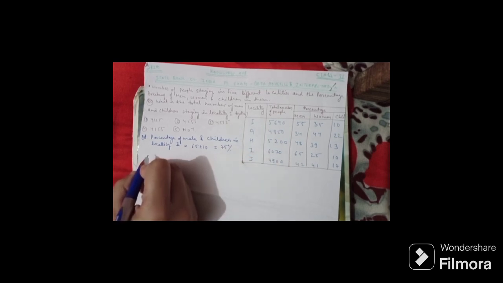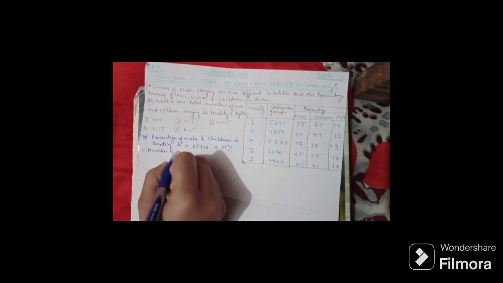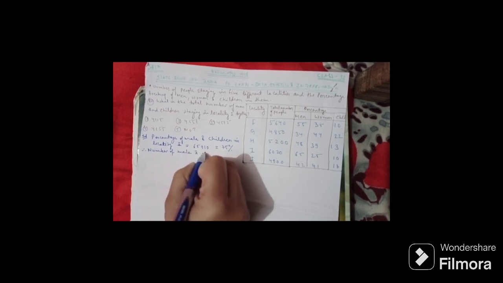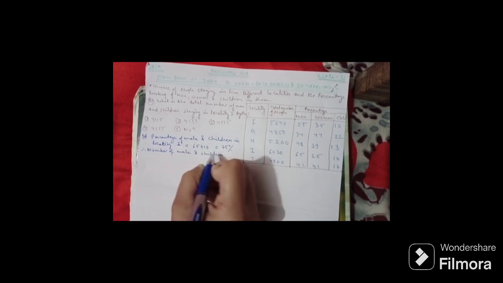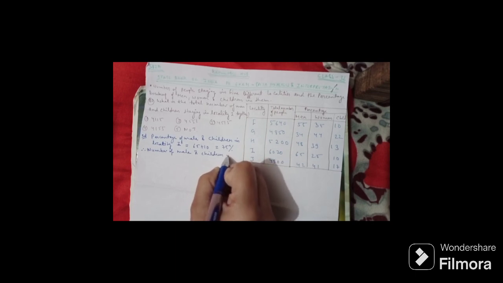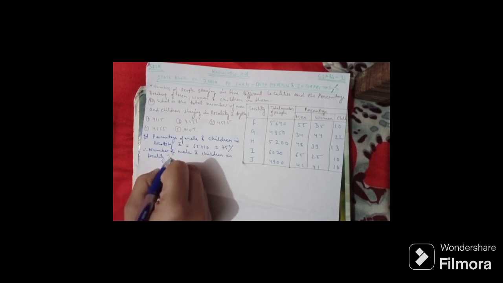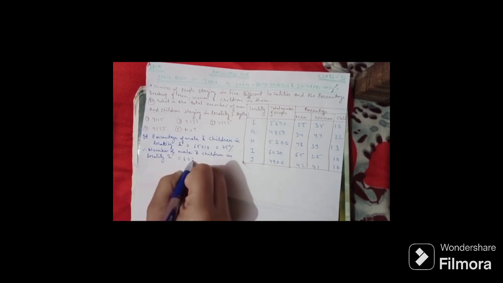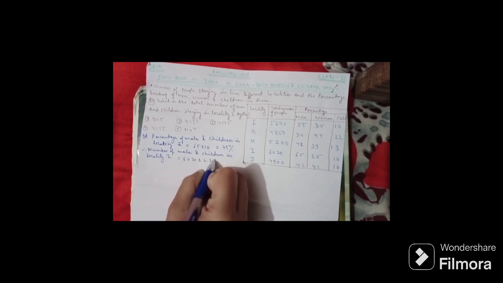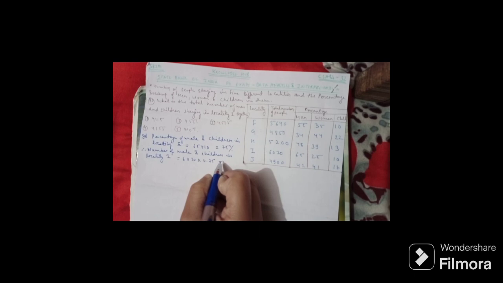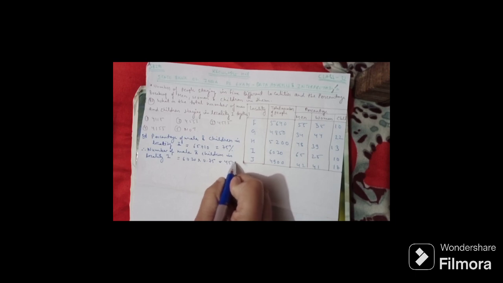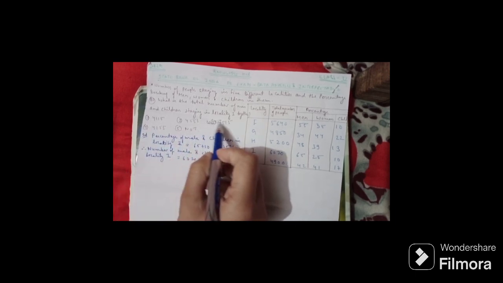Number of men and children in locality I equals 6020 into 0.75, which equals 4,515, which is option third, will be the right answer for this question.